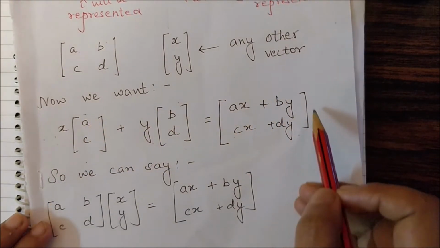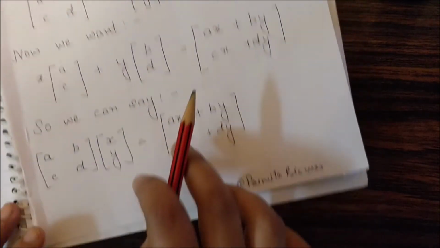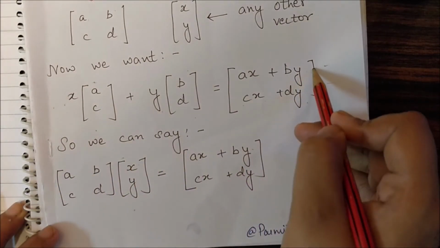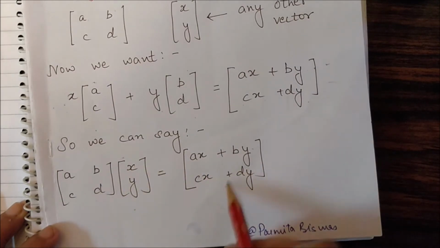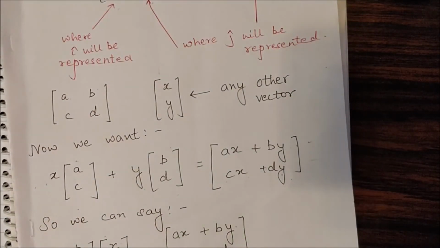These are the normal additions that we have done. So multiplying the matrix ACBD with XY, we get AX plus BY, which is the same as this, and CX plus DY, which is the same as this. Hence, this is how we do the matrix calculation.